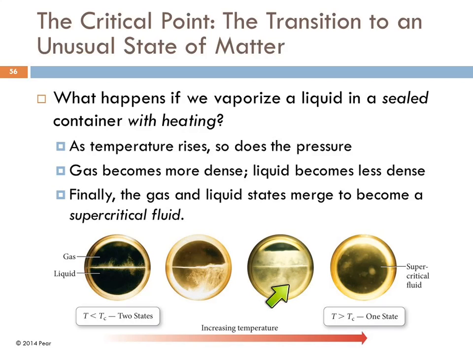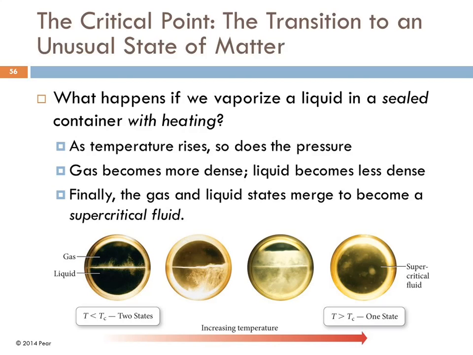And they begin to sort of merge, and eventually you get a supercritical fluid where there is just one state. It's not a liquid or a gas. It's kind of both and none between them. And the temperature at which that happens is the critical point.